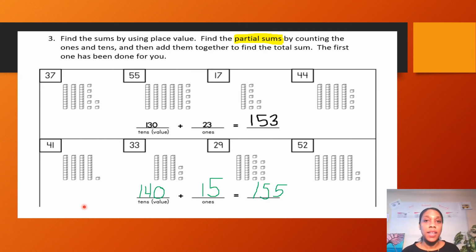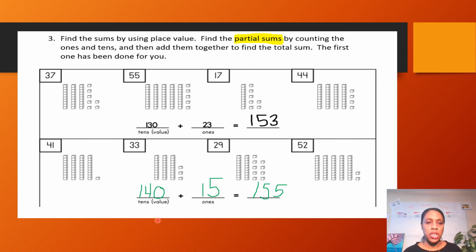Okay, I hope you tried to figure that out on your own using your place value blocks. Well, what I see here is that I have 14 tens blocks. And I know that 14 tens blocks equals 140.